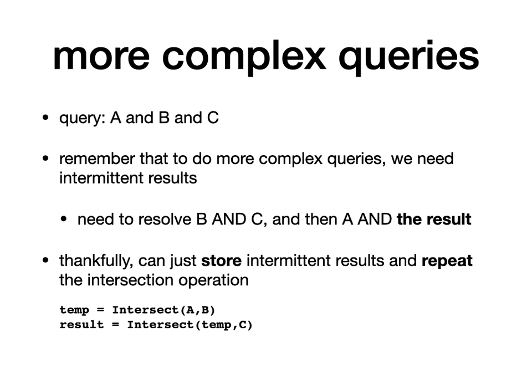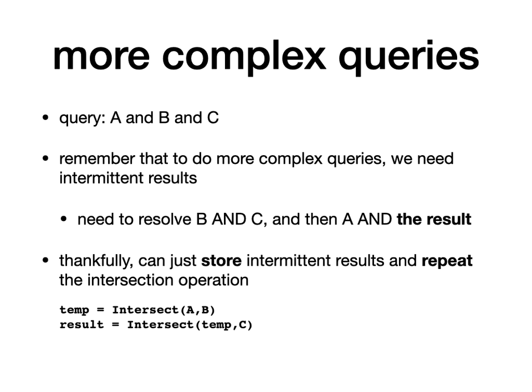So now thinking, we can do more complex queries, right? We can not just do one query at a time. We can compare A and B and C, right? Now remember, with the old way, we would have sort of the intervening results. That works the same way with these lists.